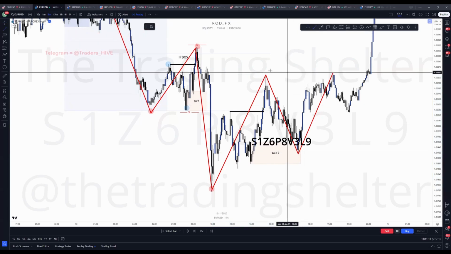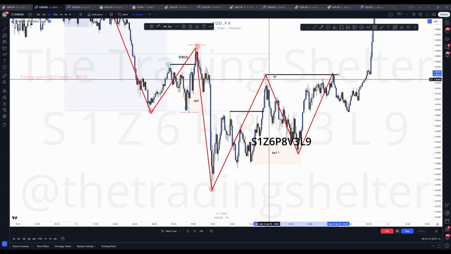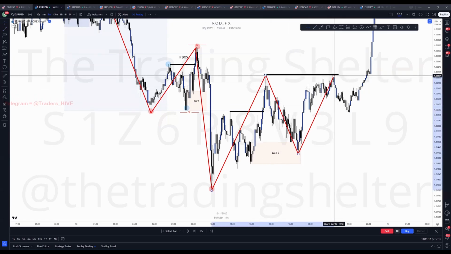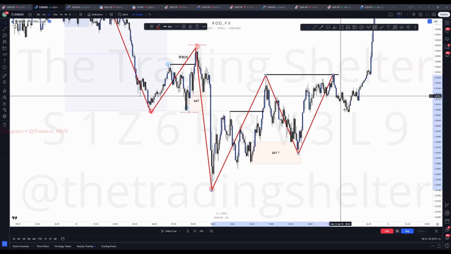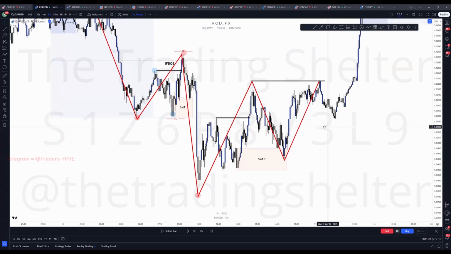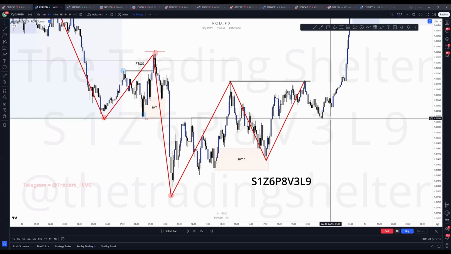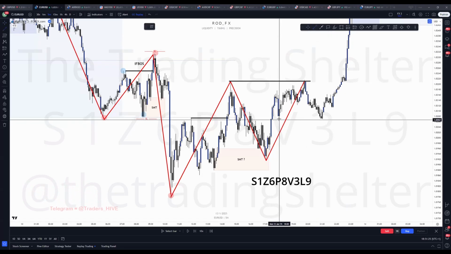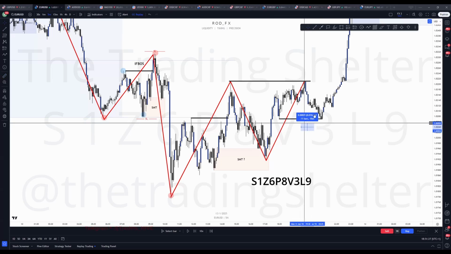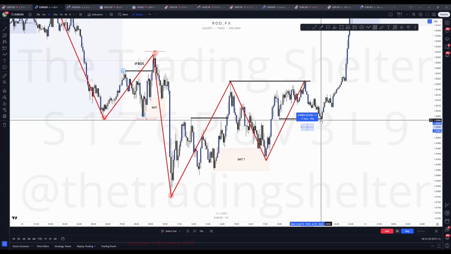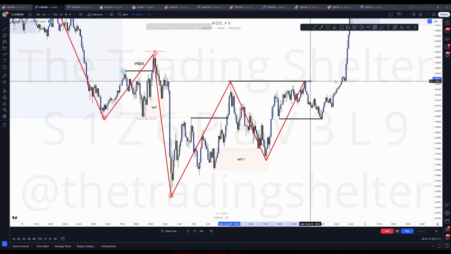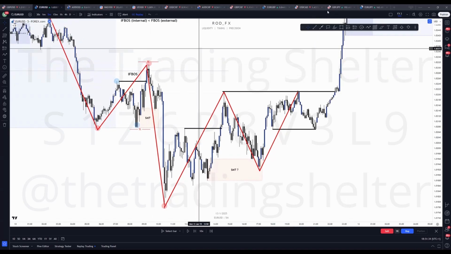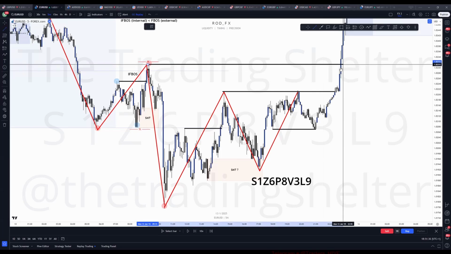Now, look how it fakes this structure to then go lower, right? You see it now. And now this can be identified as these equal lows to then push onto the new structure where it gets broken here.